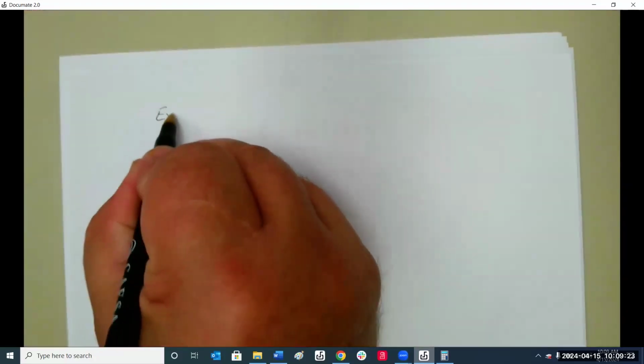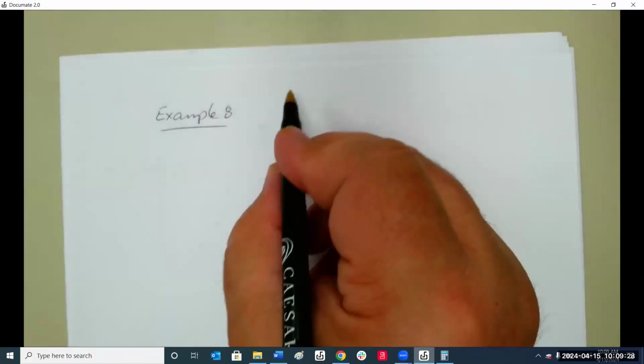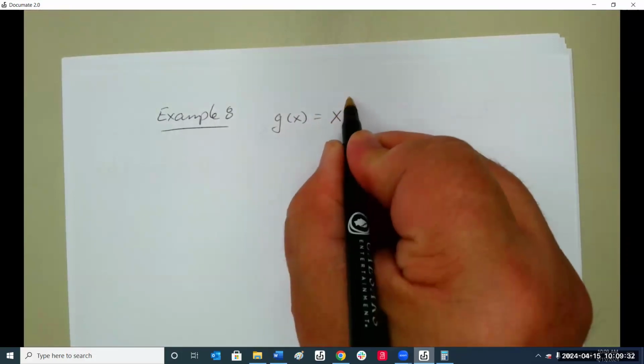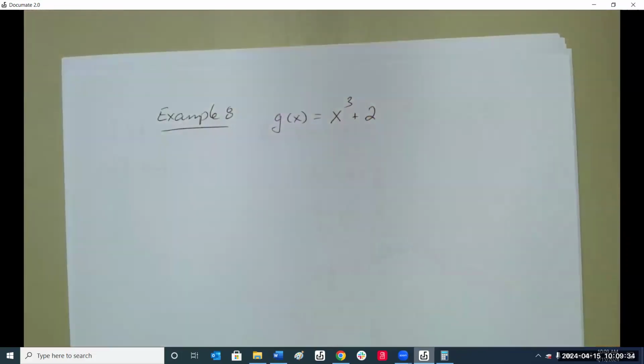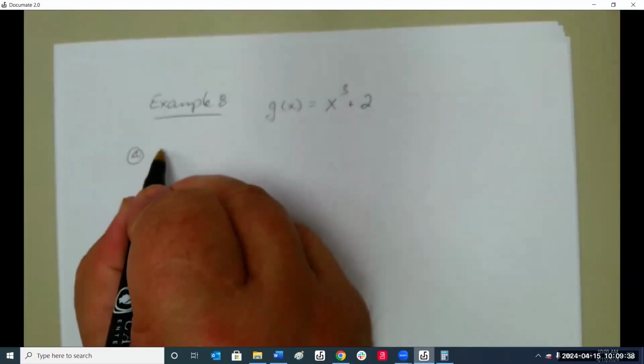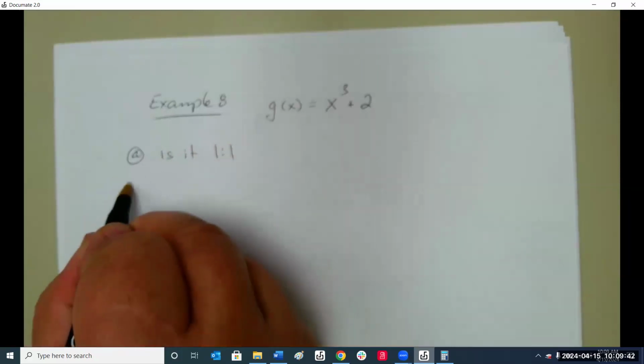Let's look at example 8. Consider this function. A. Is it 1-to-1?